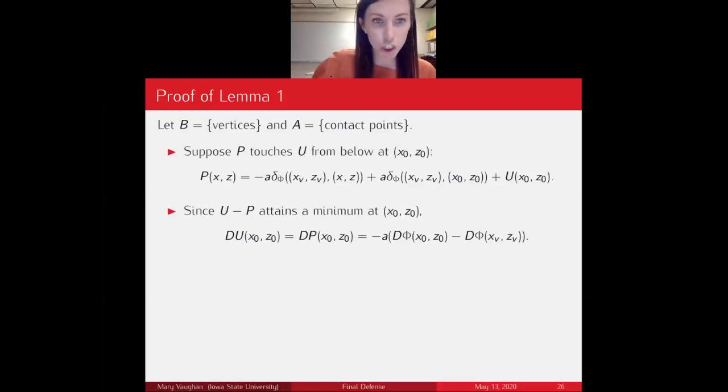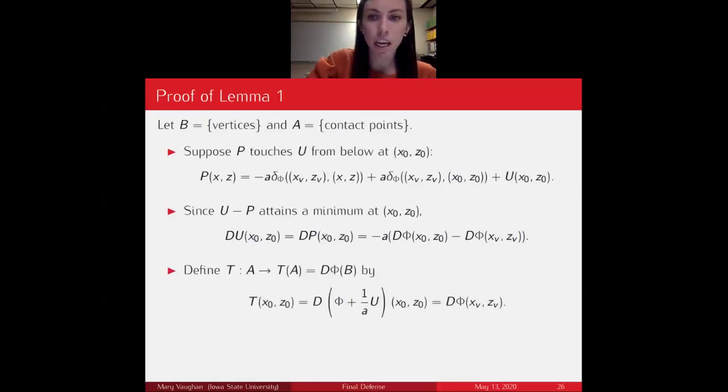Because P touches U from below at x naught, z naught, and it's an interior point, it attains a minimum at the touching point, which means that the derivative is 0 at that touching point. So we have this equality here, and I know exactly what P is, so I can take the derivative, and it's the derivative of phi at the touching point minus the derivative of phi at the vertex.